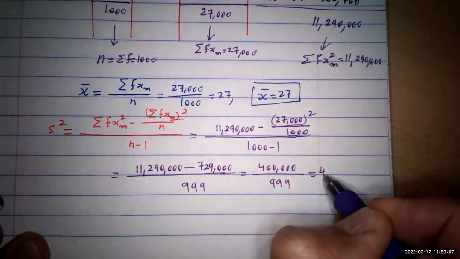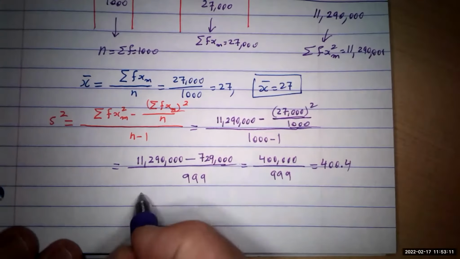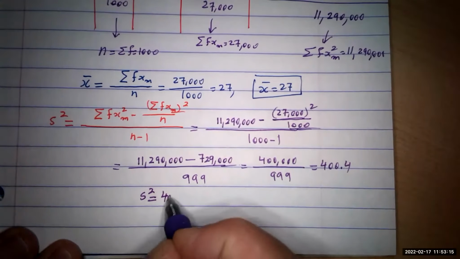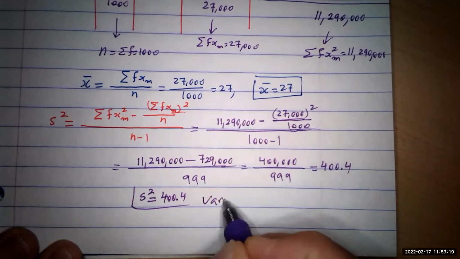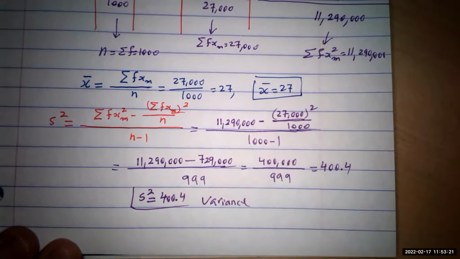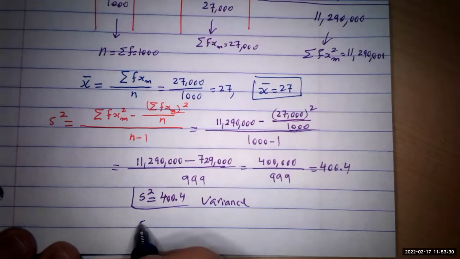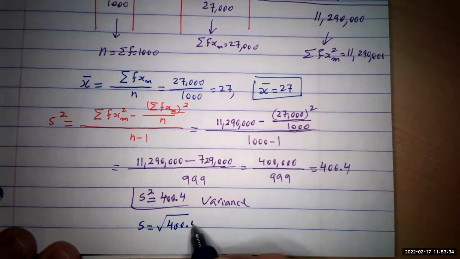And eventually it's going to be 400.4. So that gives you the variance, 400 almost. Take the square root, that gives you the standard deviation. So s is going to be the square root of 400.4.